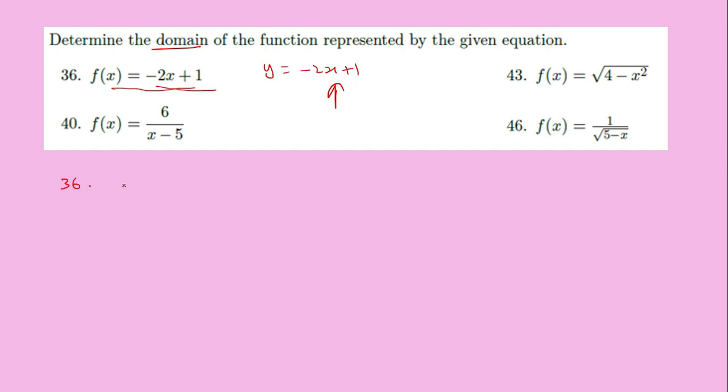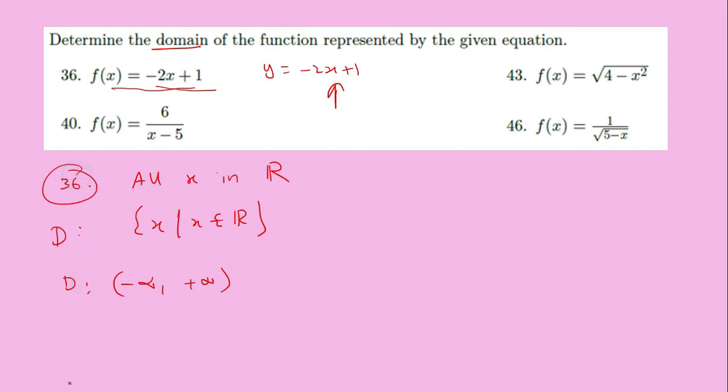For question number 36, all x in R, meaning the set of all real numbers. You can write the set of all x such that x belongs to R, or you can write from minus infinity to plus infinity, all values of x are allowed. This is the domain for 36. Fine.